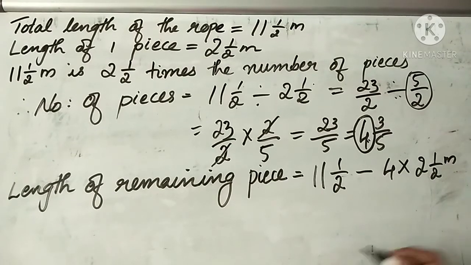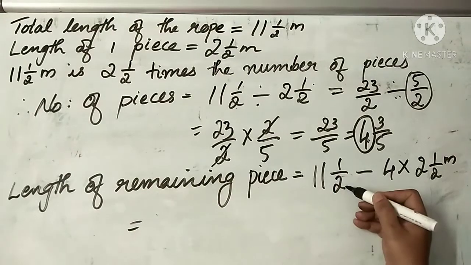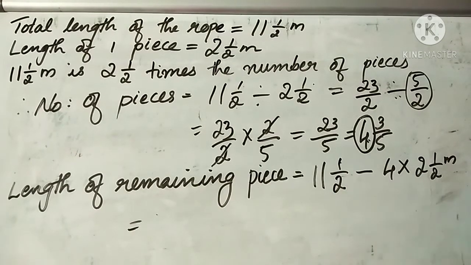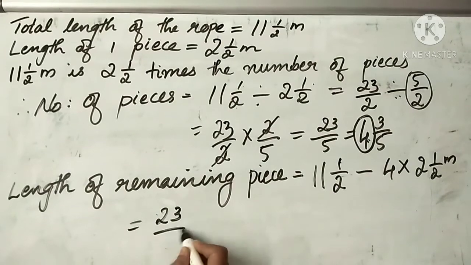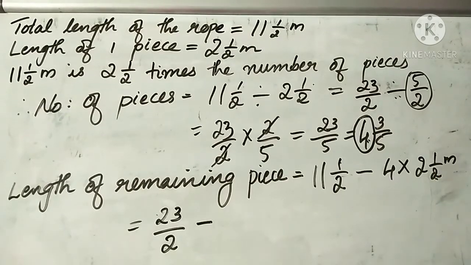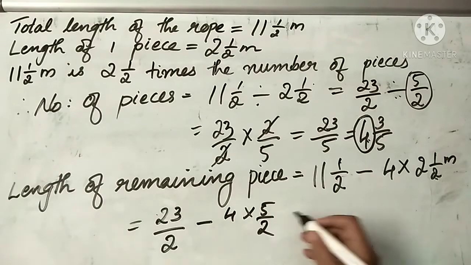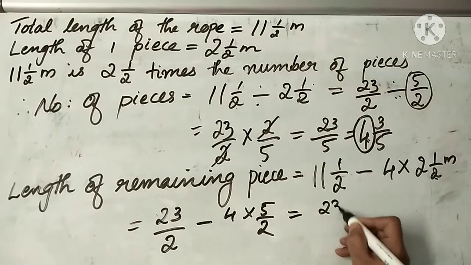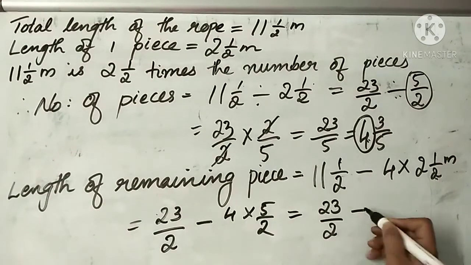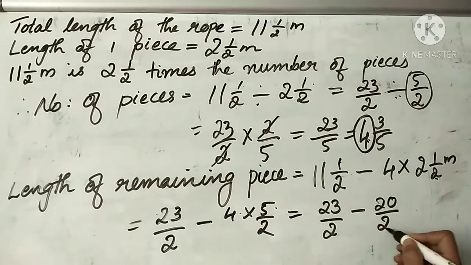We write this as 11 1 by 2: 11 2s are 22, plus 1, 23 by 2, minus 4 into 2 1 by 2, which is 2 2s are 4, 4 plus 1, 5, so 4 into 5 by 2. That is equal to 23 by 2 minus 4 5s are 20 by 2.